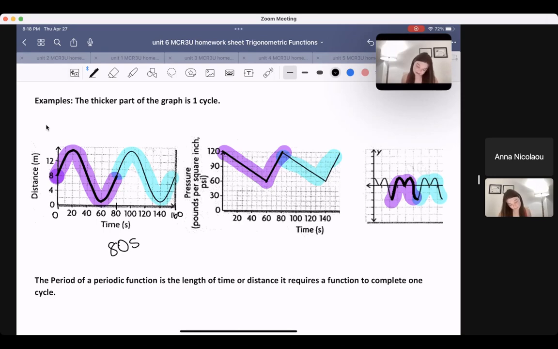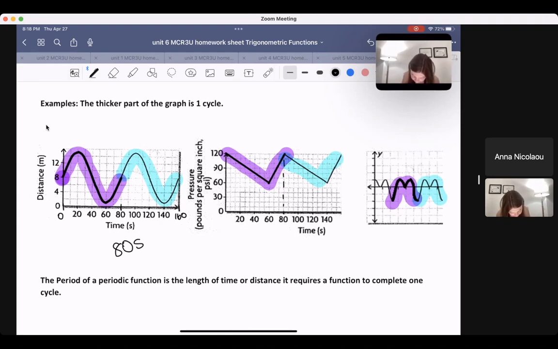In the second example, we have pressure, which is pounds per square inch, versus time. Here looks like this is where the first cycle ends, and it looks like the same thing actually. This one is 80 seconds, and every 80 seconds this repeats as well. This one is kind of hard to tell because they didn't label the graph, but whatever the distance from here to here is, that would be our period length, because that is how long, with respect to the x-axis, it took to do one full cycle.